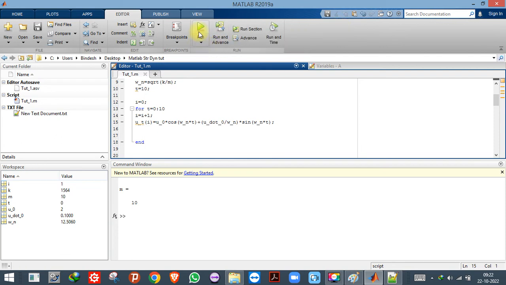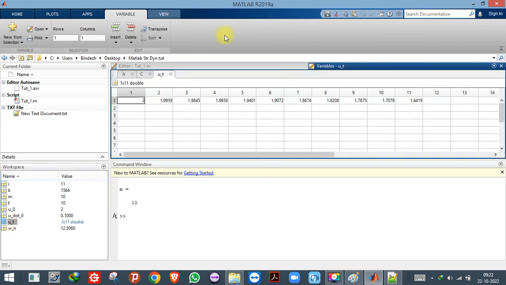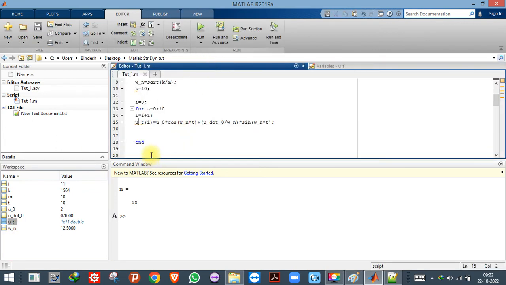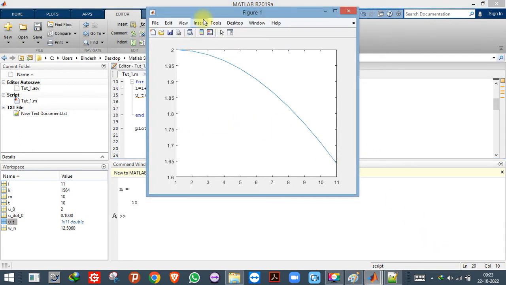So if I simply run it, we have got a history of u of t. Now let us try to plot u of t. If I run it again, it will give me the plot of u of t.